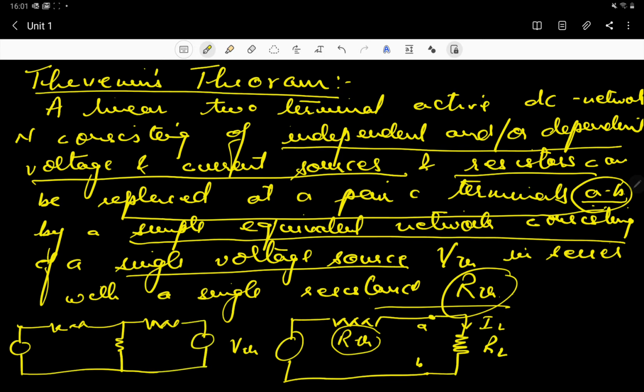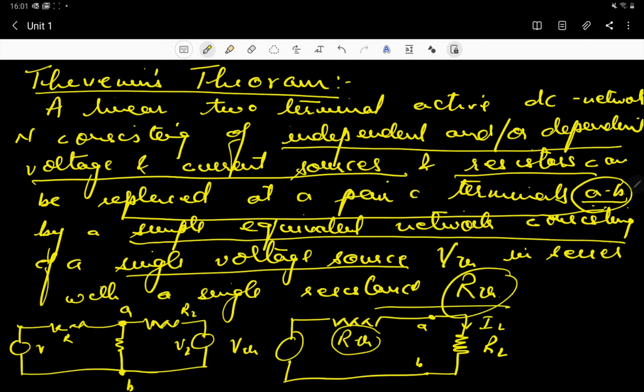Across any particular branch, suppose this is your A and B, across this you want to calculate the voltage and the current. This is the voltage source V1, this is the voltage source V2, this is resistance R1, this is resistance R2. So you are just going to calculate the voltage across this terminal.